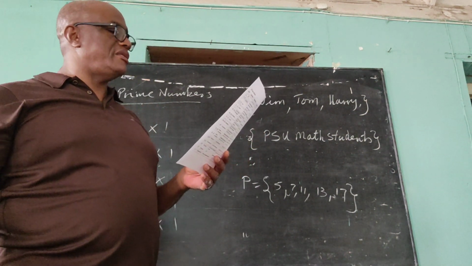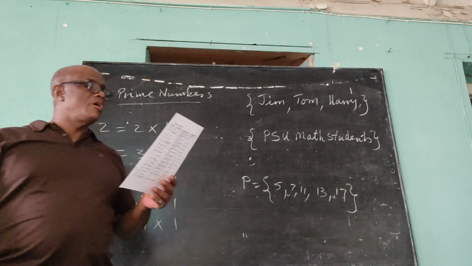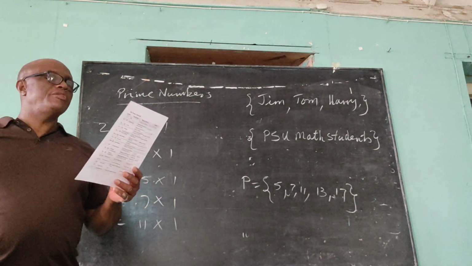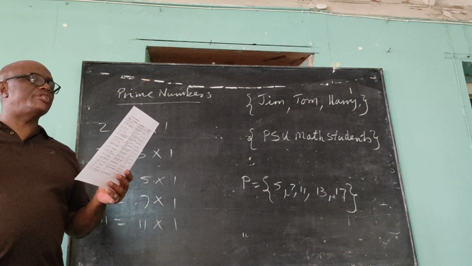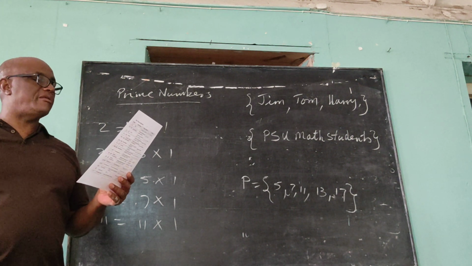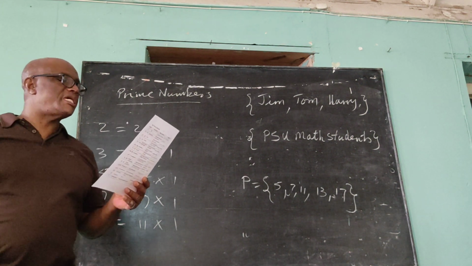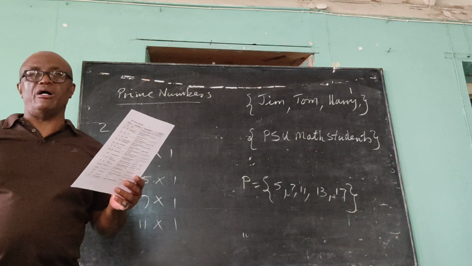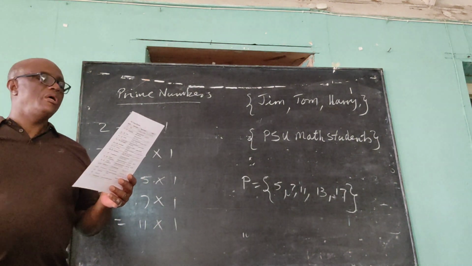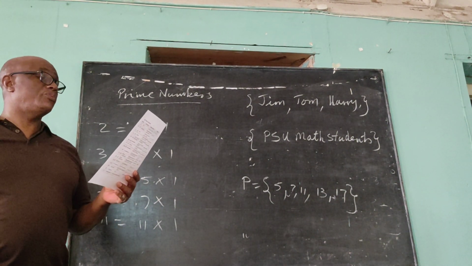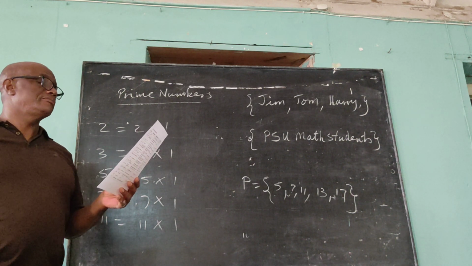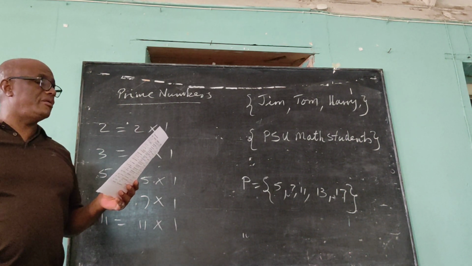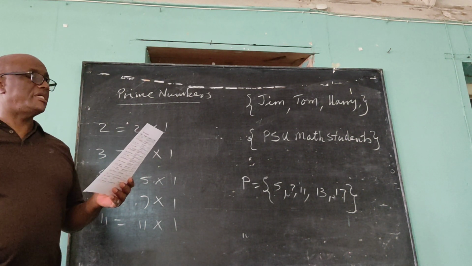Okay, types of set now. One, for a particular problem, the universal set is the set from which all the elements are taken. The universal set is denoted by the symbol capital U, so anytime you see that symbol, it means universal set.